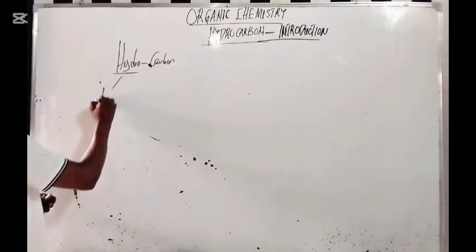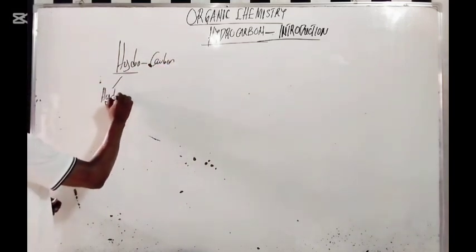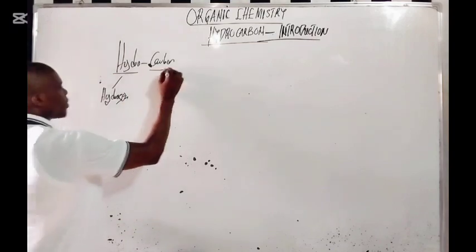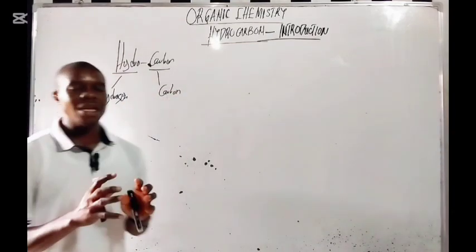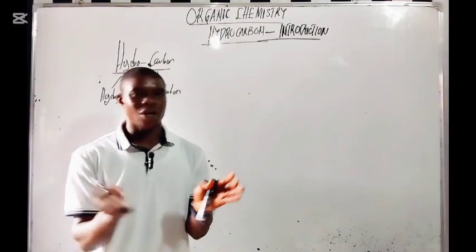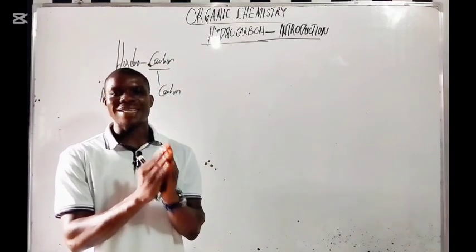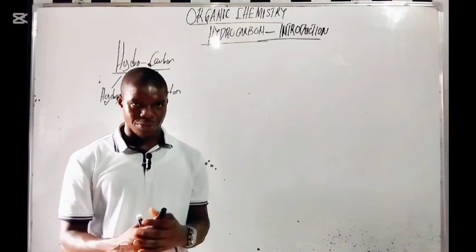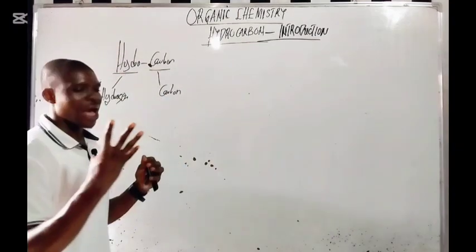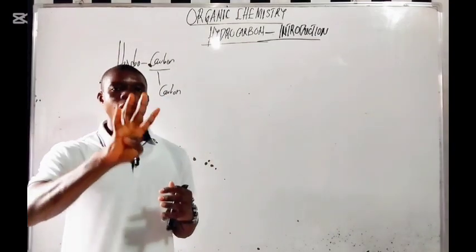Hydro means hydrogen, then carbon means carbon. This is what it came from. So any compound that contains only carbon and hydrogen, no matter how bulky or how small it is, is called hydrocarbon. Do you understand?